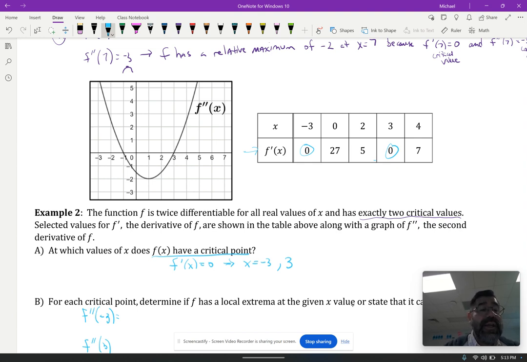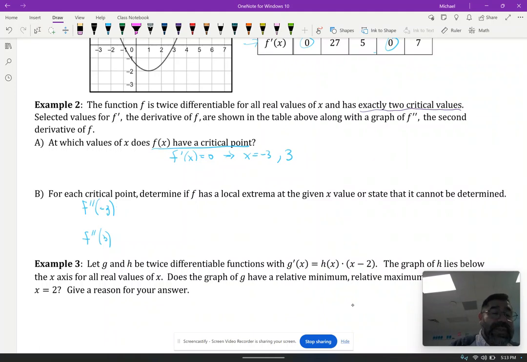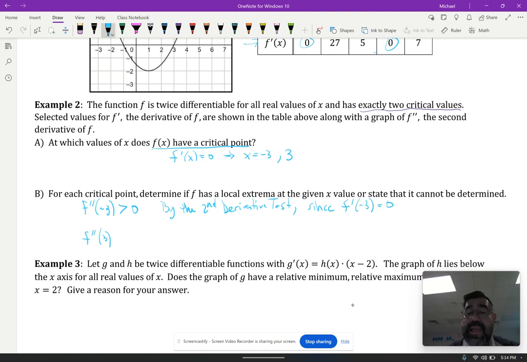So the y values of this graph are the second derivative values. So when x equals -3, I don't know what it is, but I know that it's positive. So therefore, the second derivative at -3 is greater than 0. It's positive. By the second derivative test, since f prime at -3 is equal to 0, because it's a critical point, and f double prime at -3 is greater than 0, that means the concavity is opening up.